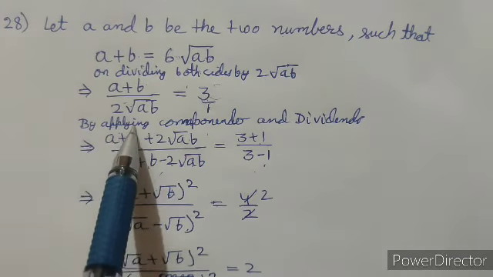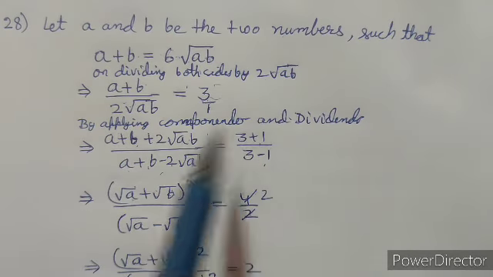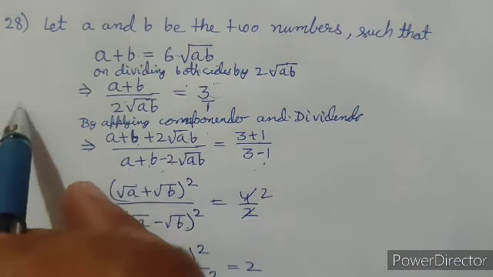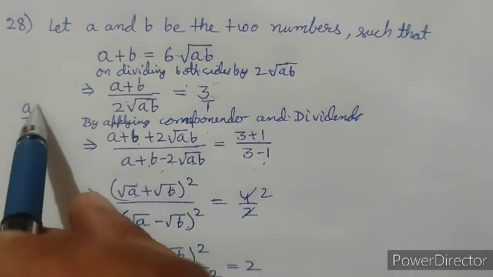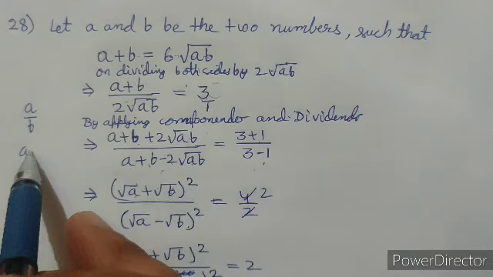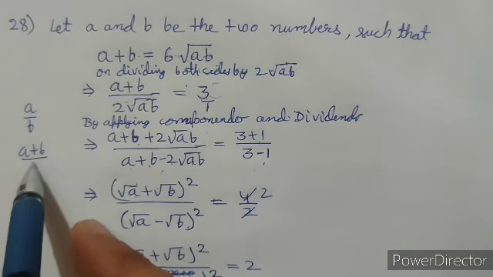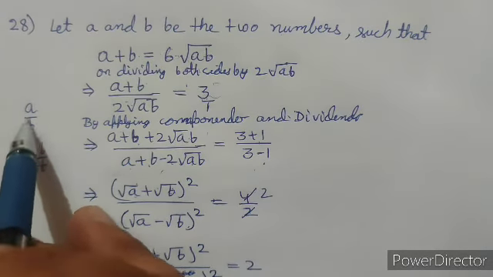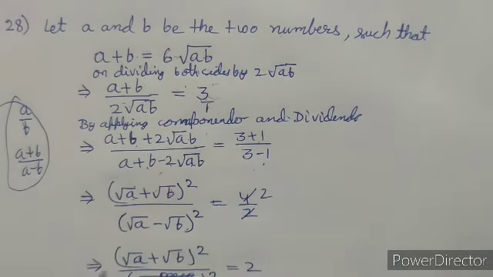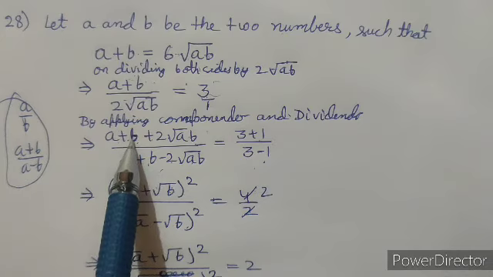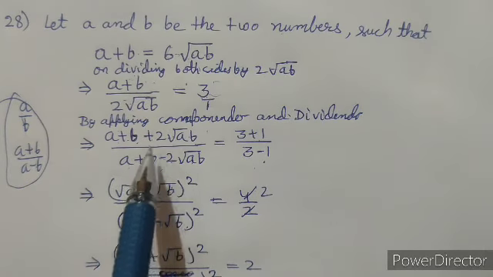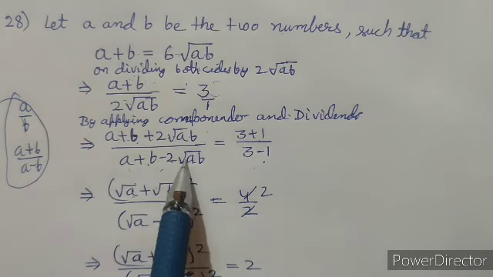Now, on applying componendo and dividendo. Now, what is componendo and dividendo? That is, if a/b = c/d, then by componendo and dividendo (a + b)/(a − b) = (c + d)/(c − d). Now, that means (a + b)/(2√(ab)) will be equal to (a + b + 2√(ab))/(a + b − 2√(ab)).